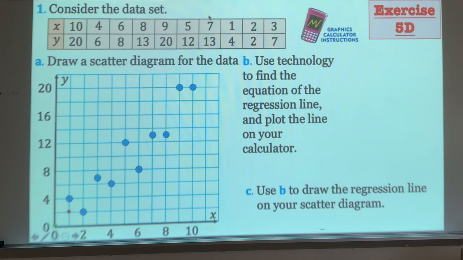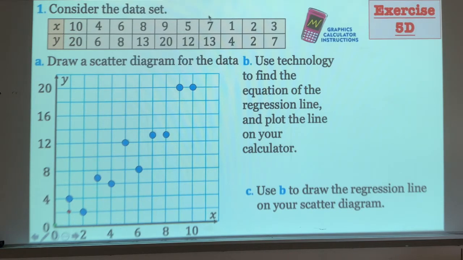10, 4, 6, 8, 9. This is quick. 5, 7, 1, 2, 3. I did it in the wrong column. 6, 8, 9, 5, 7, 1, 2, 3. All right, then the other ones. You probably beat me because I messed this up. 26, 8, 13, 20, 12, 13, 4, 2, 7.